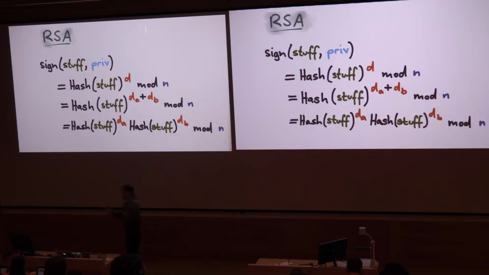And so you've got independently the hash to the power dA times the hash to the power dB mod n. And this way, once you've split the key, you can construct an RSA signature without ever having to assemble all of the key material in one place. So you can do different parts of the computation in different places, and then just bring them together, multiply them together, and you get a valid signature out at the end.